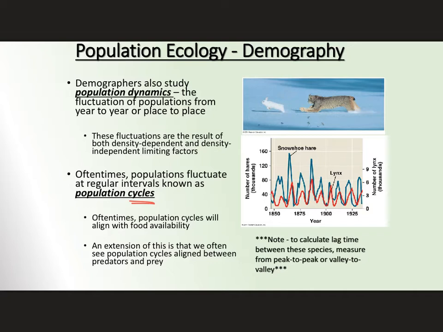So we see population cycles where the numbers of organisms fluctuate. They increase, they decrease, they increase, they decrease, that sort of thing. And this can depend on a lot of different limiting factors. Like it says here, oftentimes population cycles might depend upon food availability. And so then what that also indicates is that it might depend upon predators and prey.